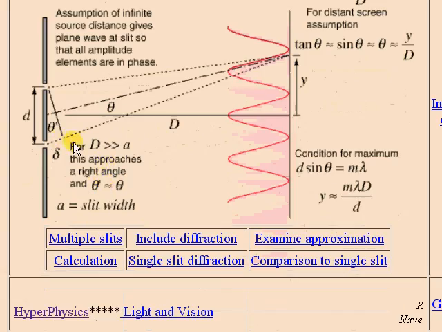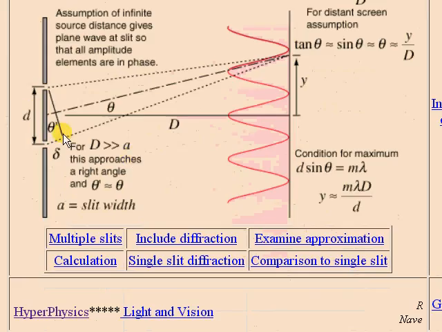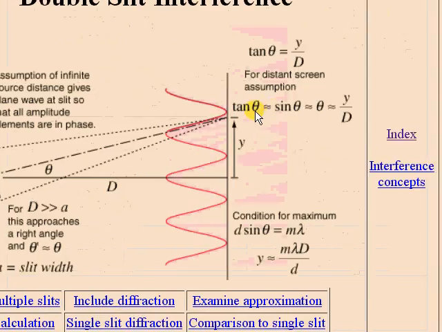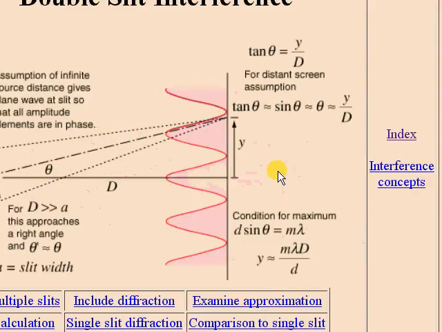And then this extra little distance, delta, is just d sine theta. Very simple. d, the space between them, times sine of the angle. Well, how do you figure out that angle? I mean, you can't go in there and measure that. My God, if we could do that, we'd see the slits really good. But if we claim that theta prime is the same as theta, then, well, for small angles, tangent of theta is roughly equal to sine theta, roughly equal to theta. So it's just y, which is easy to measure, over D, which is hopefully easily measured also.